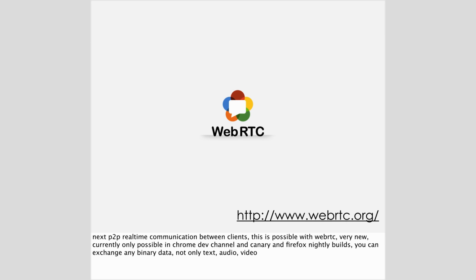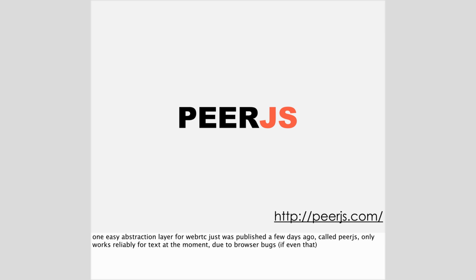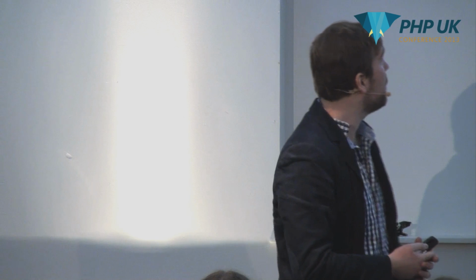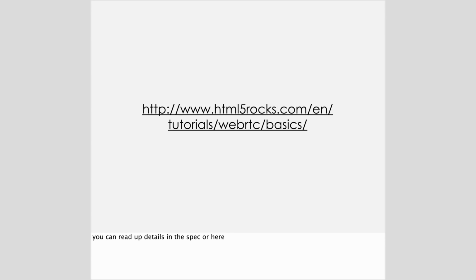That means you can stream audio, you can stream video. This is really cool. And just recently, a week or so ago, the first library wrapper called Meteor JS came out that actually wraps this in a very nice interface and makes it easy to use. If you want to know more about WebRTC, this blog article here describes it very well.